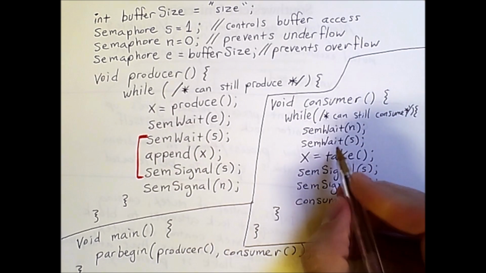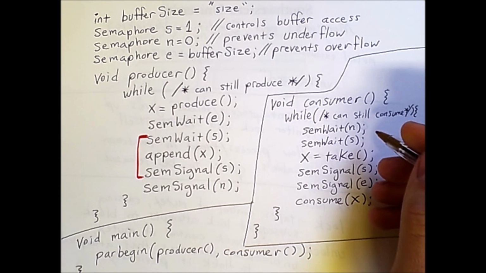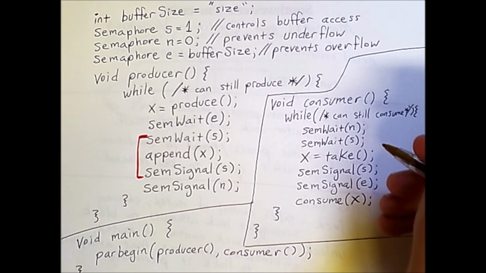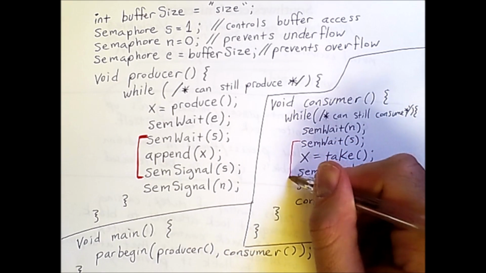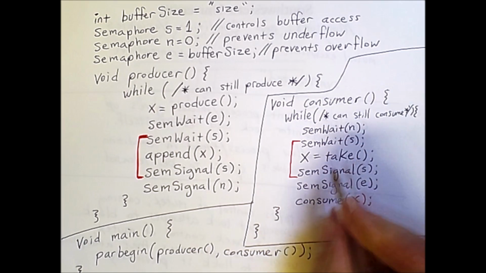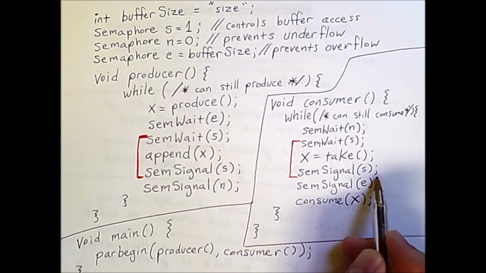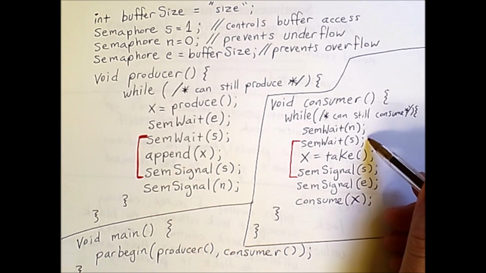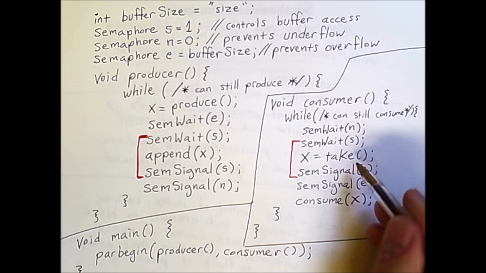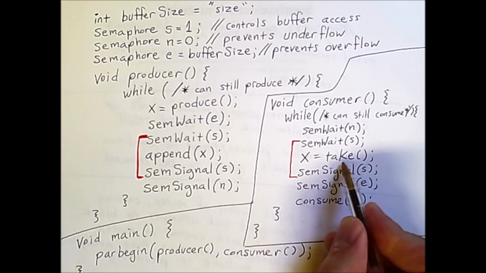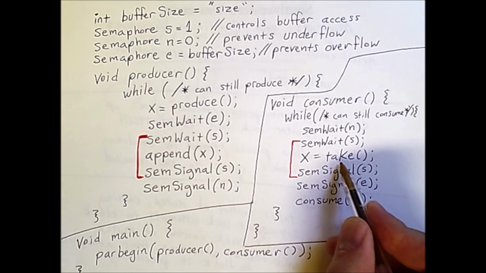And so we first wait on the semaphore S, thus gaining mutually exclusive access to the buffer. So we have, once again, this structure where we lock the buffer, and then this semSignal S will unlock it. And while this process or thread has mutually exclusive access to the buffer, it will take out the next value and store it in a variable x.